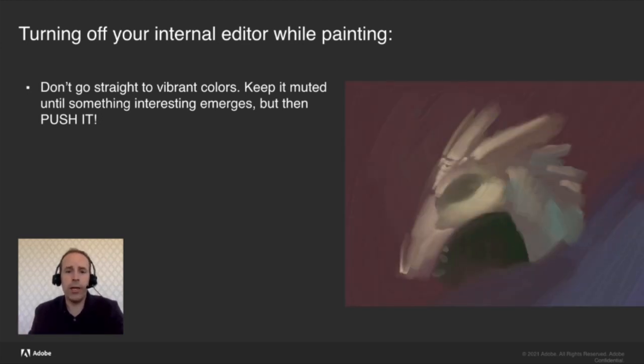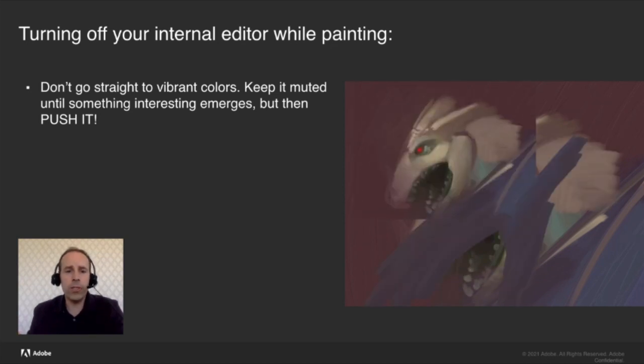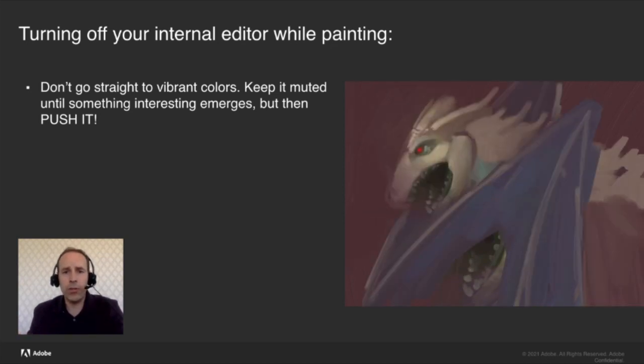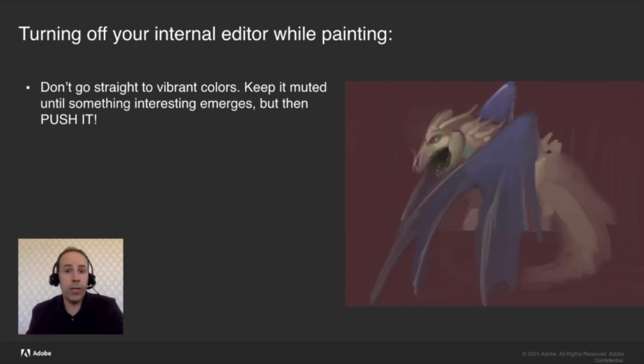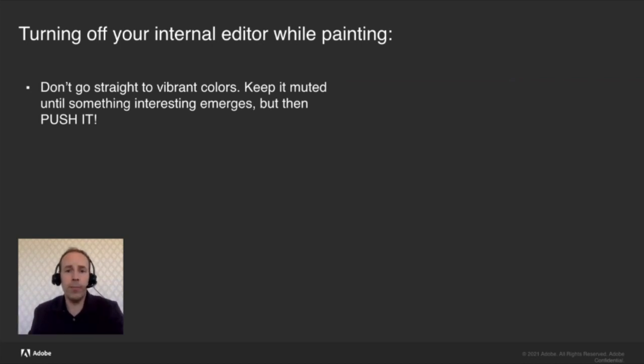Keep the colors desaturated. Try to keep the painting overall muted until something interesting starts emerging and you start to know where that story's going. Then you can push it. And when you do push it, really push it, because otherwise your painting ends up being very muted. So there might be a couple of colors that you really push strong and then everything else stays muted. That's exactly the way you want your paintings to be.